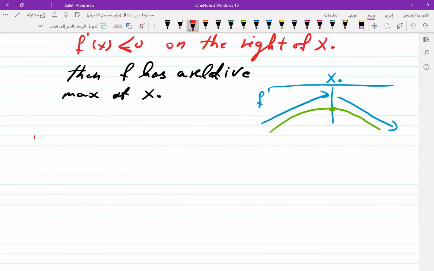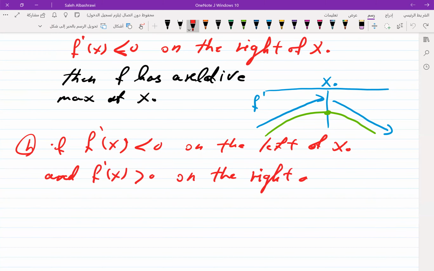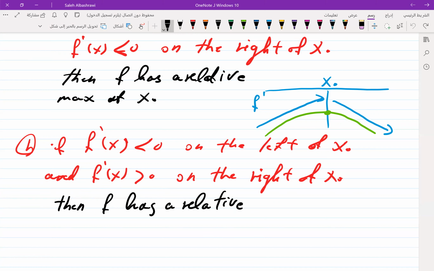Now, if we reverse, the second case: if f prime is less than 0 on the left of x0, and f prime of x is greater than 0 on the right, then f has a relative minimum.